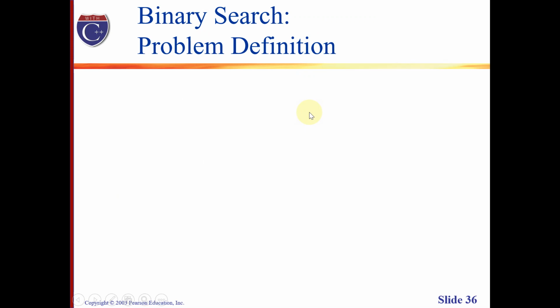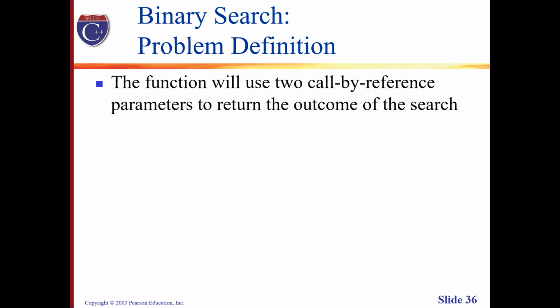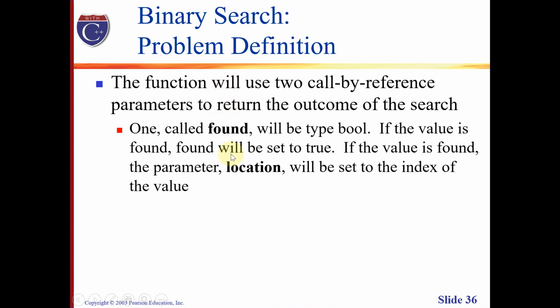Now let's have the definition of our problem for our binary search program. The function will use two call by reference parameters to return the outcome of the search. One, we're going to call it found, which will be of type Boolean.